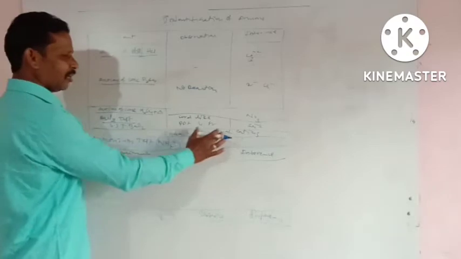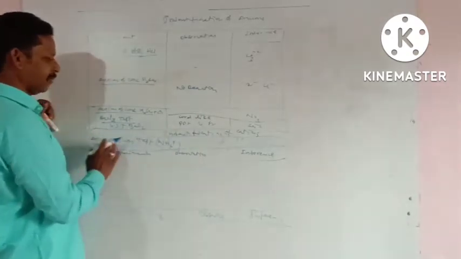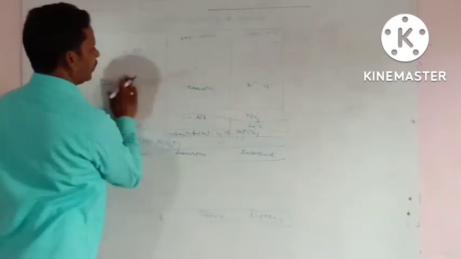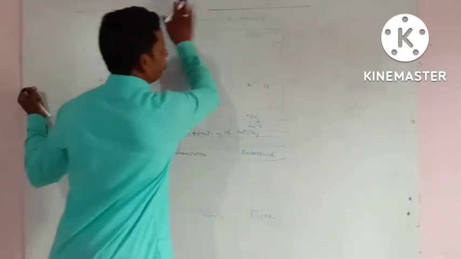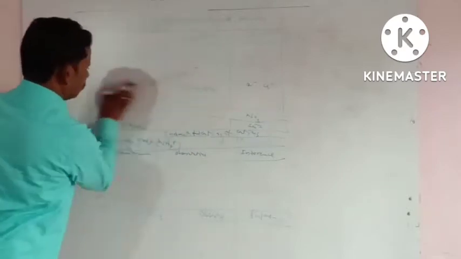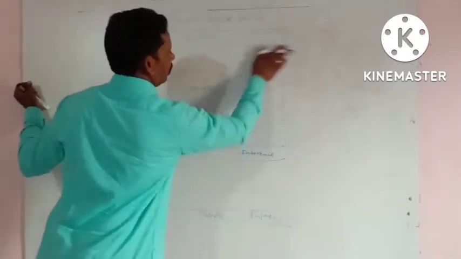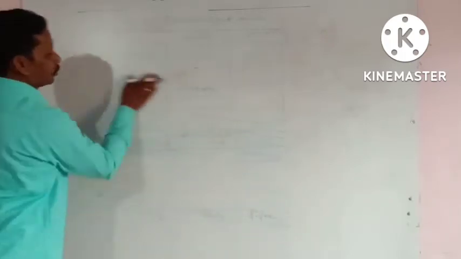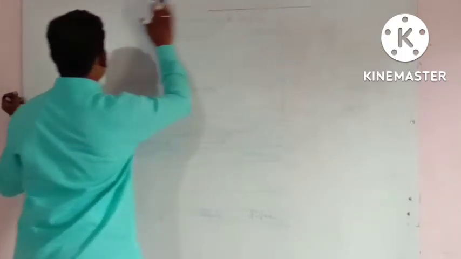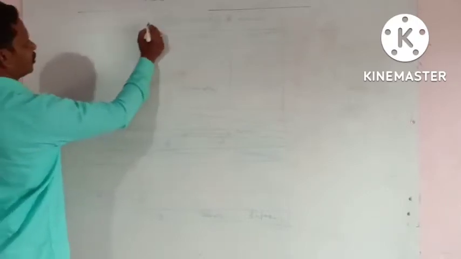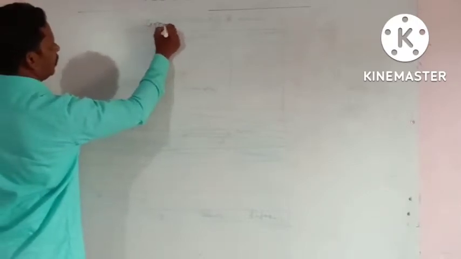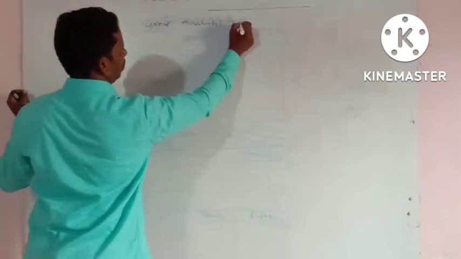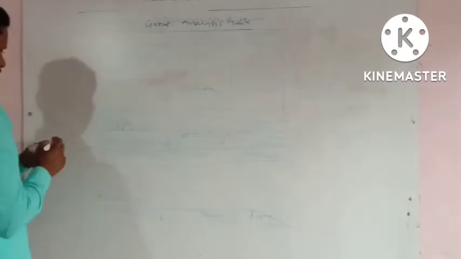After the ammonium test, we go to the group analysis table only. So I am writing the overall group analysis table for the cations here.